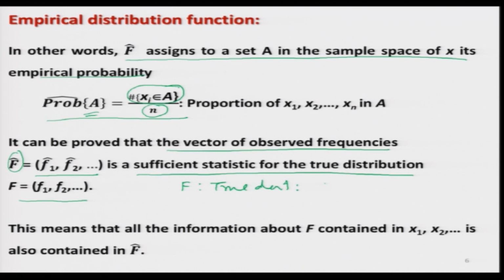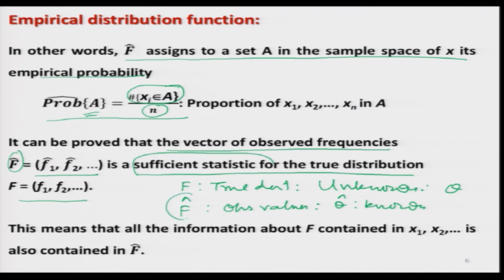It is a true distribution, but it is unknown to us. So it is just like our unknown parameter. Now, when I estimate it by f hat, which is based on the observed values, and this is something like theta hat, which is known on the basis of the given sample of data, then we say this is a sufficient statistic. So that means f hat is the sufficient statistic for f. What is this sufficient statistic?